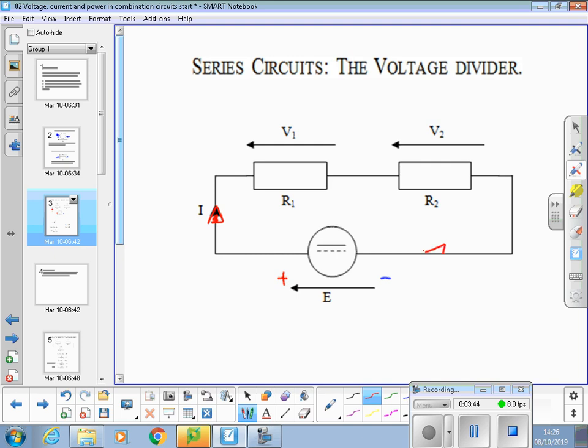We should also be aware that the same current flows there. In a series circuit, there is only one current. There are no leaks. Every bit of current that leaves this positive terminal comes back in the negative terminal as well. In a series circuit, there is only one current.